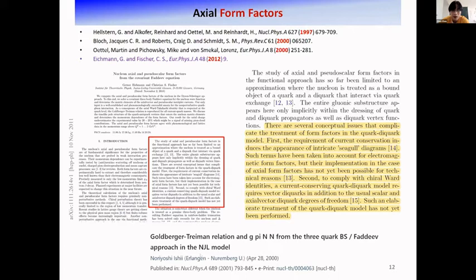I need to point out that for this reference, the argument was based on the NJL model. In the NJL model, the amplitudes of baryons and diquarks are all constant. In the electromagnetic case, there are some cancellations between these terms. So even in the NJL model, the electromagnetic form factors in the quark-diquark model are conserved.